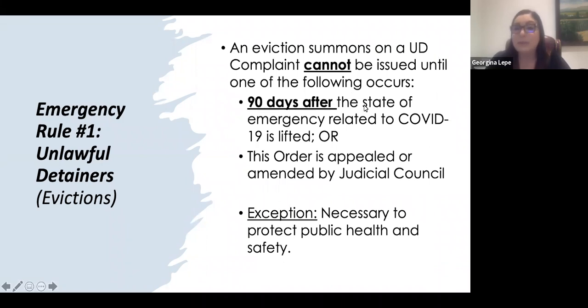But pay close attention. It says an eviction summons cannot be issued until 90 days after the state of emergency related to COVID-19 is lifted. God only knows when this will happen. As it stands right now, we're still in a state of emergency.